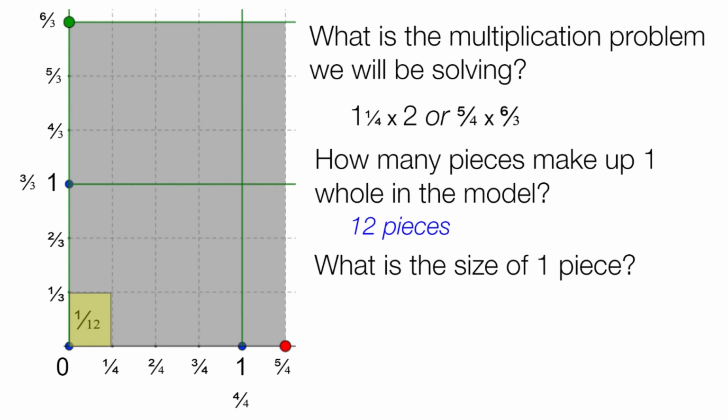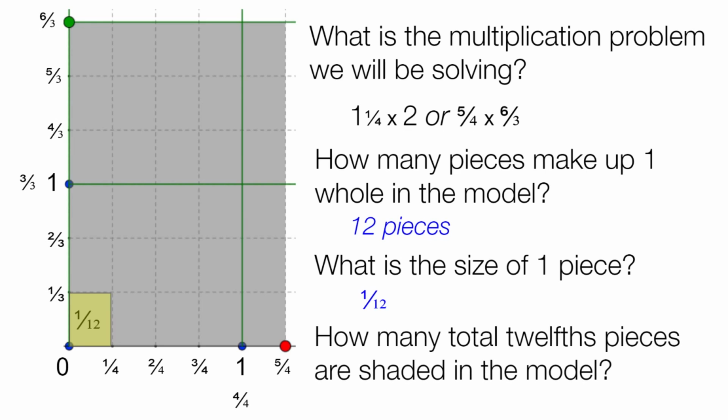So one way we could figure out the answer to the model is to count all of the shaded pieces, all of the gray rectangles. If we count up how many 12ths there are, that would be one answer. So go ahead and answer that for me.